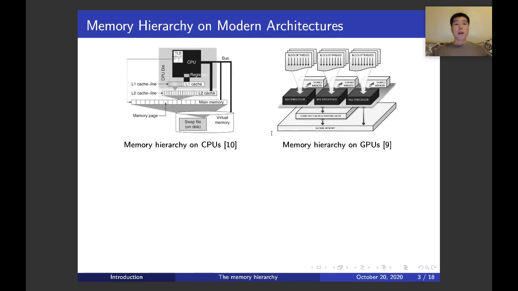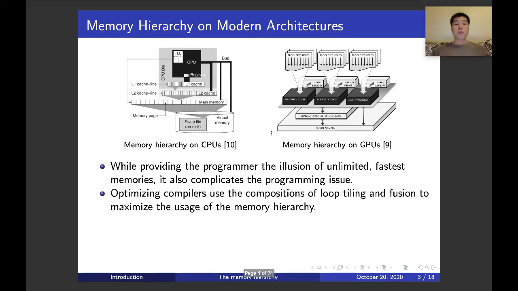The memory hierarchy is prevalent on modern architectures like CPUs and GPUs. It provides the programmer the illusion of unlimited fast-speed memories, but it also complicates the programming issue.